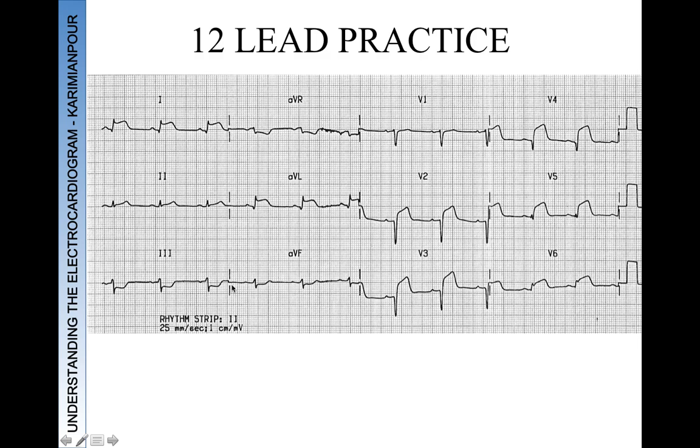Since this is a regular rhythm, we can use the counting boxes method. We can use this R wave that falls on a dark line and count 300, 150, 100, 75, 60. So our rate is somewhere between 60 and 75.